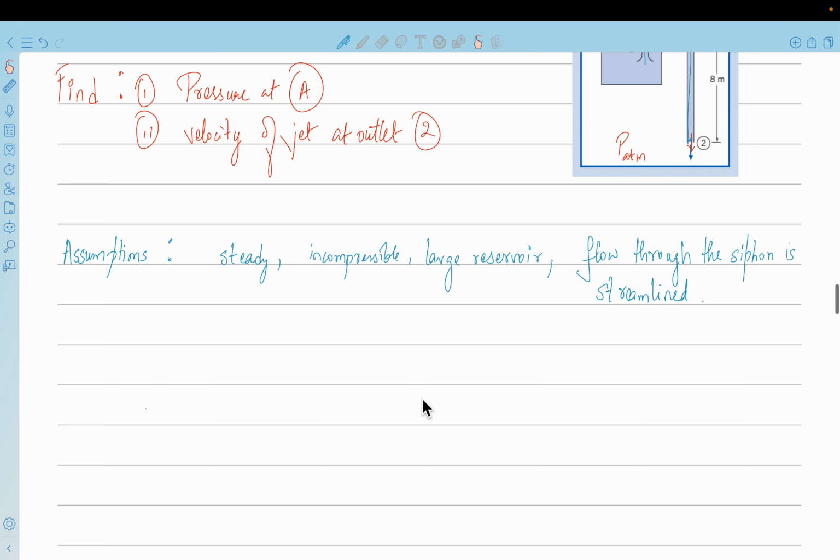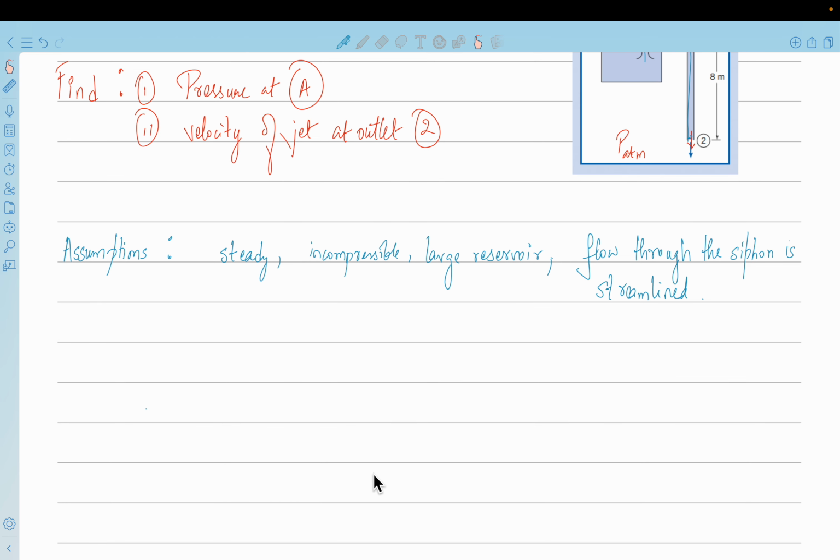Okay, and then we apply Bernoulli's theorem and we say that P by rho plus V squared by 2 plus gz is a constant between 1 and 2. Okay.